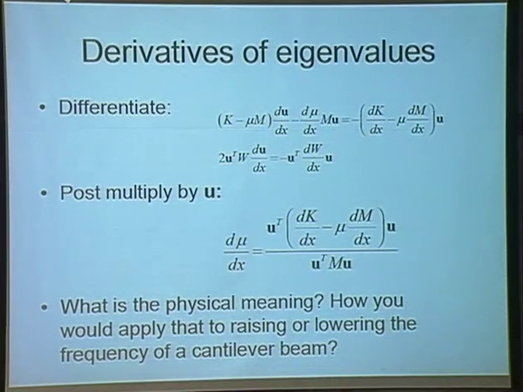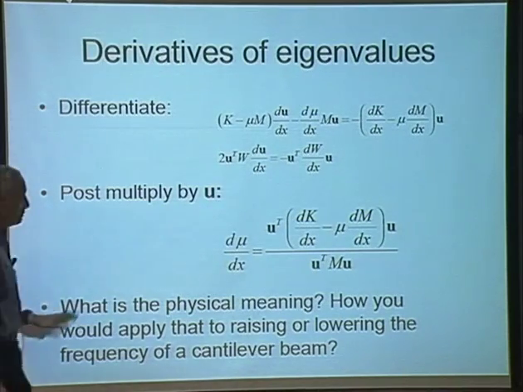Furthermore, there is a physical meaning. If you look at U transpose dK/dx U, could anybody give me a physical meaning of that term? Let me give you a clue. Let's say that we make dx finite, that is, we change the structure a little bit.